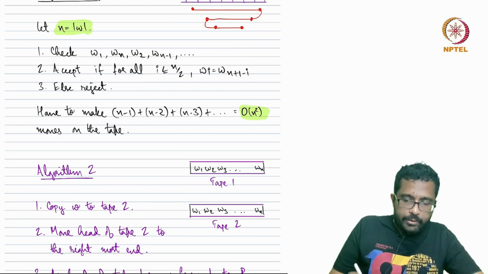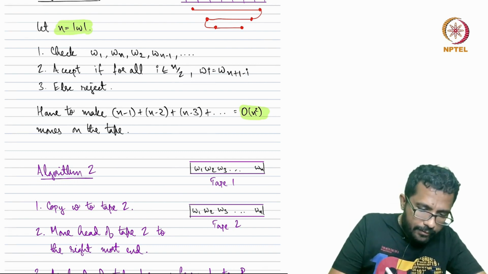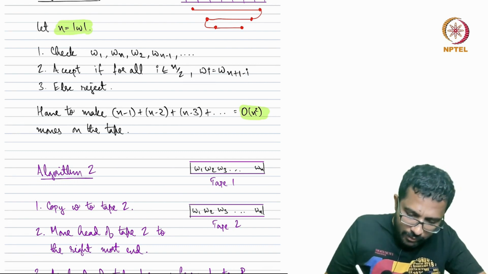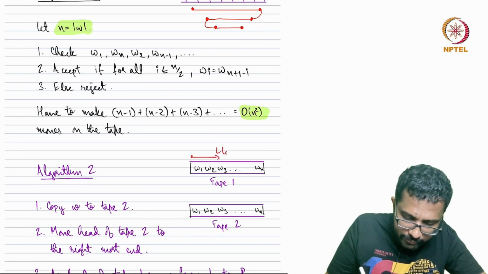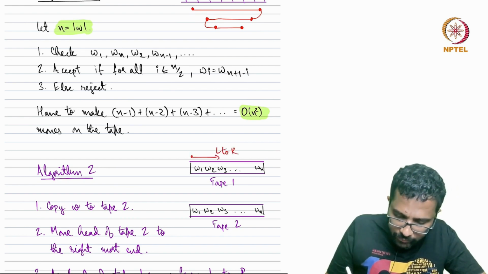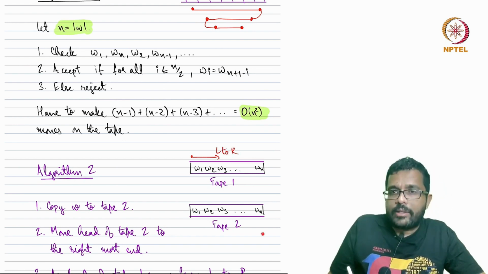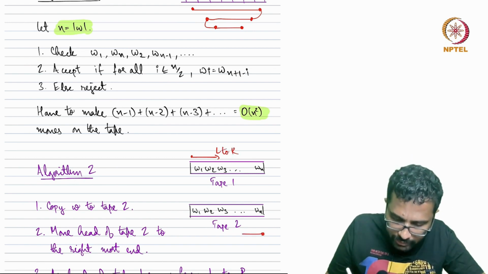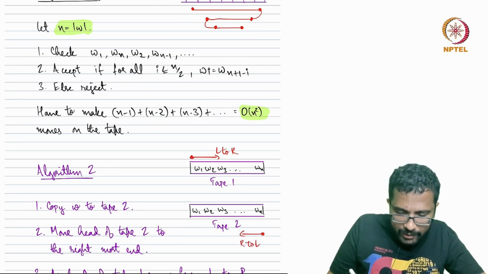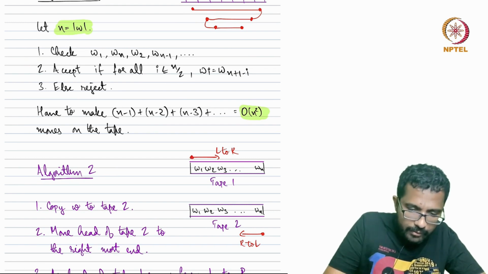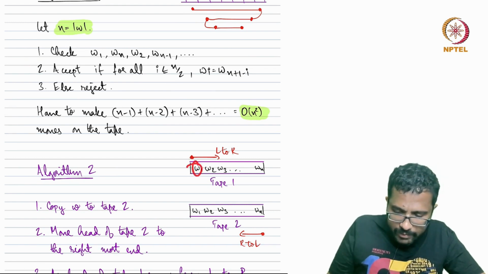Then we scan the tape from left to right on tape 1, and we bring the tape head to the rightmost position on tape 2, and we scan tape 2 from right to left. First we check: is W1 the same as Wn?